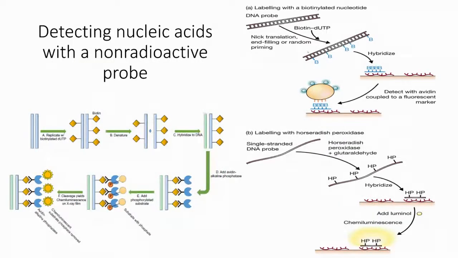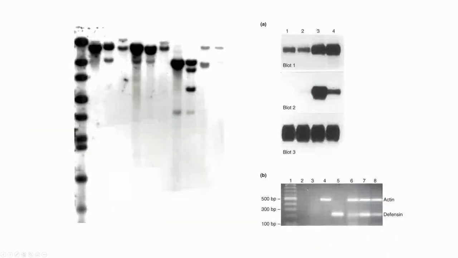And of course, you can also label the probe with a non-radioactive label. You can label with a biotinylated nucleotide. So you have this DNA probe, and you can use nick translation, end filling or random priming. In the meantime, instead of using the P32 dATP, you use a biotin-labeled dUTP, deoxyuridine triphosphate.